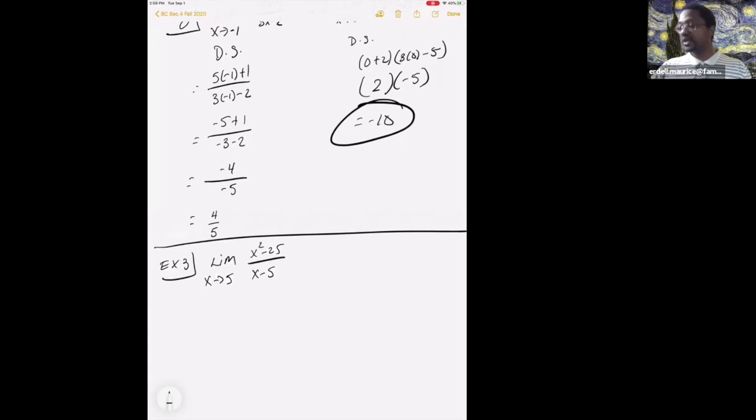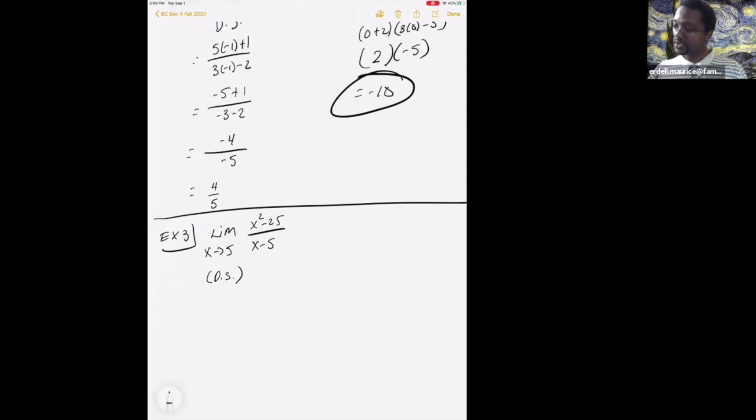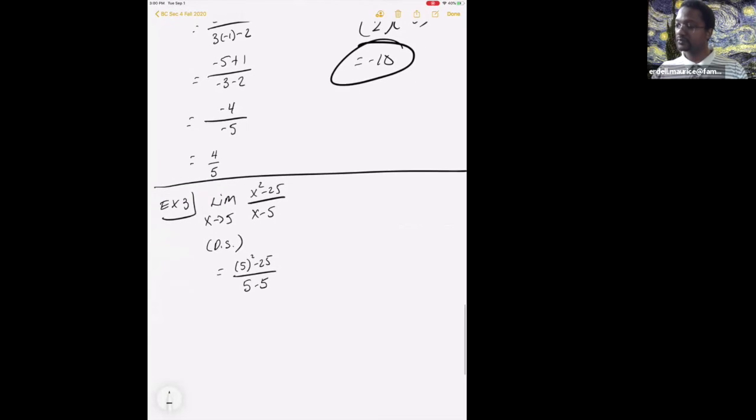You should always try direct substitution first, because most of the time, 90% of the time, it works out, right? So that's going to be 5 squared minus 25 divided by 5 minus 5. That is 25 minus 25 over 5 minus 5, which gives me 0 divided by 0.